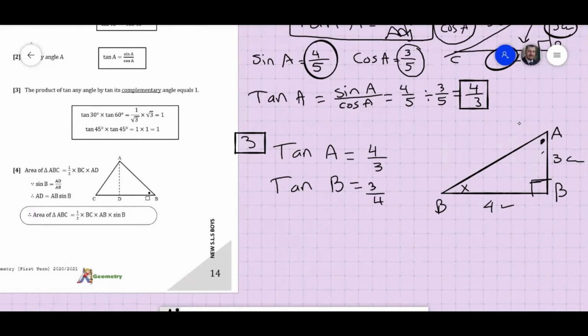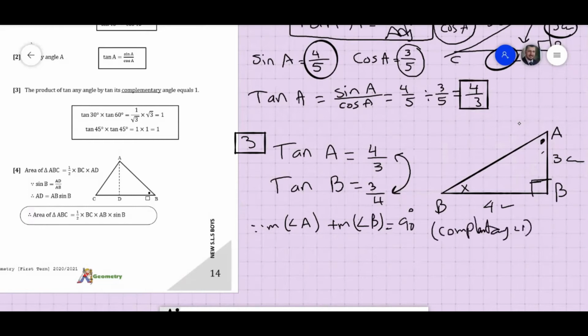What do we have now? Excellent. Tan A and tan C are two multiplicative inverses. So since measure of angle A plus the other angle equals 90, or two complementary angles, therefore tan A and the tan of the other angle are multiplicative inverses.